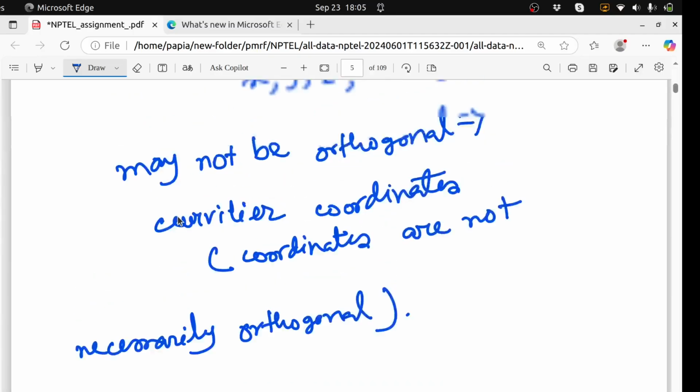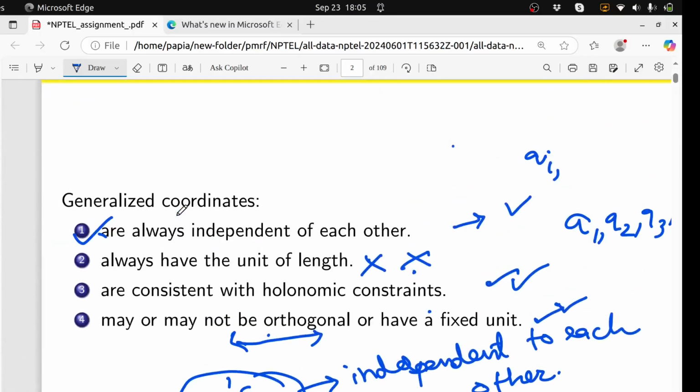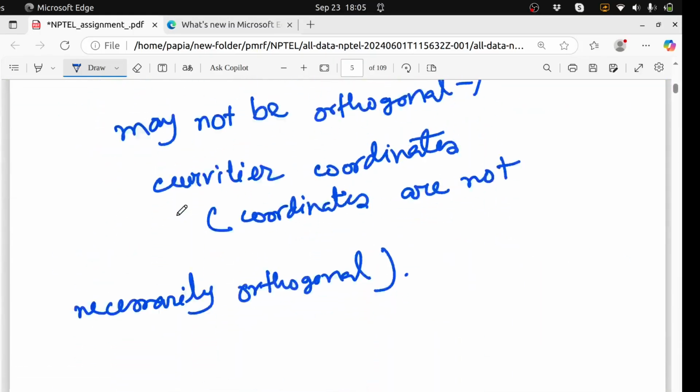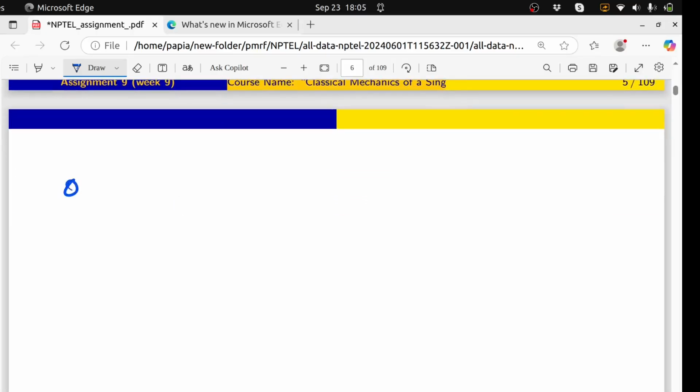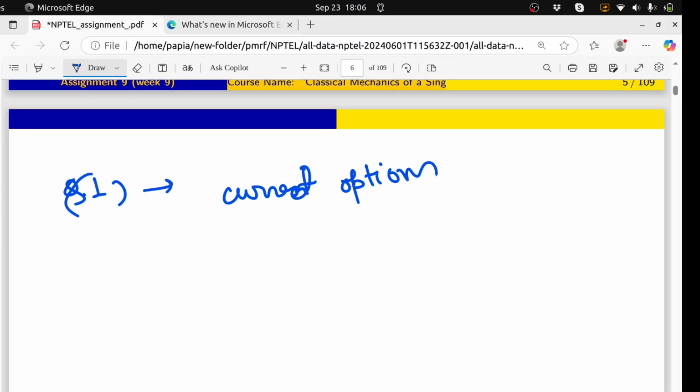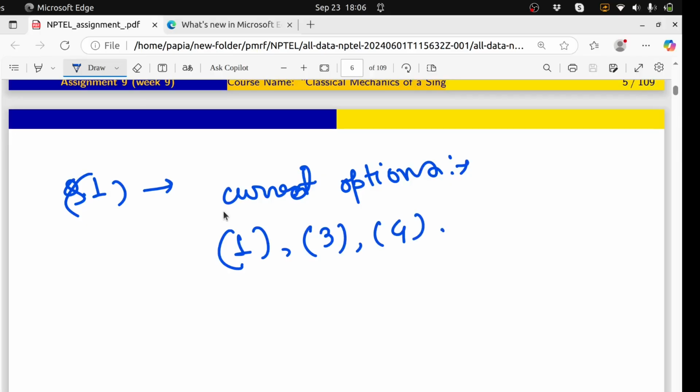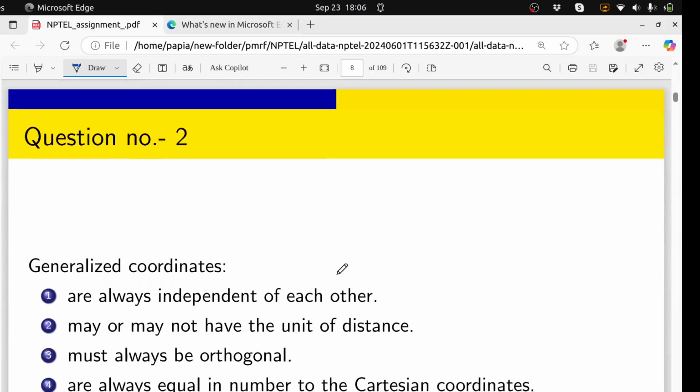So the correct options for question number 1 are 1, 3, 4.